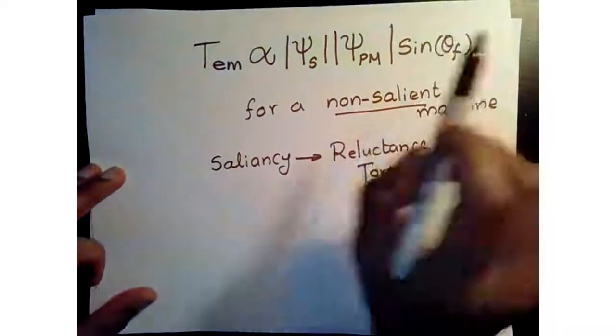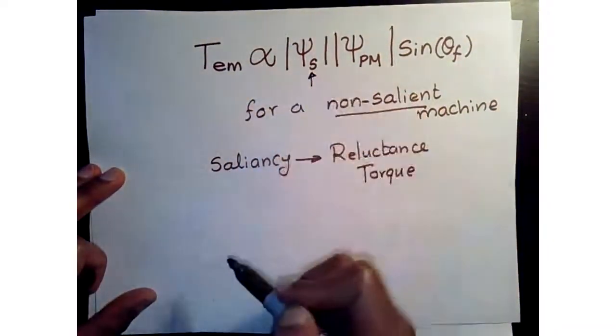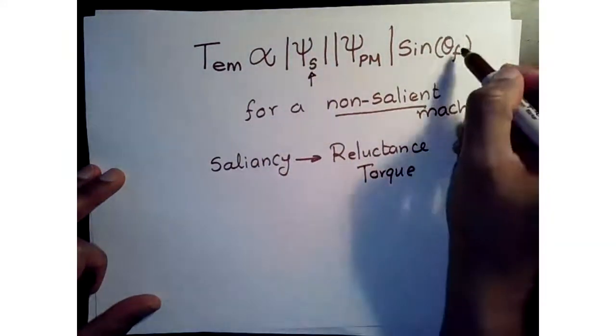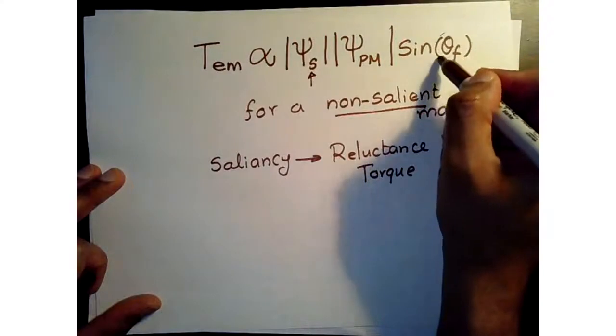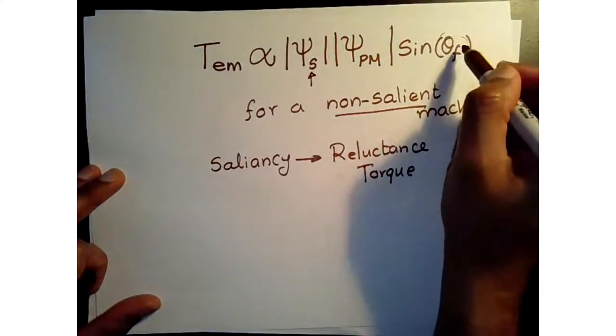So now we can control this amplitude by controlling the stator flux, and we can place the stator flux vector where we want.